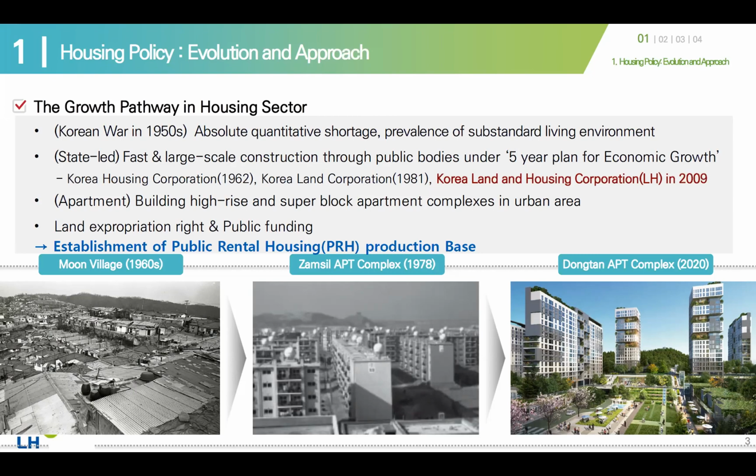The government established the Korea Housing Corporation in 1962, Land Corporation in 1981, and then integrated them into Korea Land and Housing Corporation (LH) in 2009. Large-scale high-rise apartments were supplied in urban areas through LH. And the government also secured private land by using land expropriation right, and operated a huge fund to make the foundation for the supply of public rental housing.